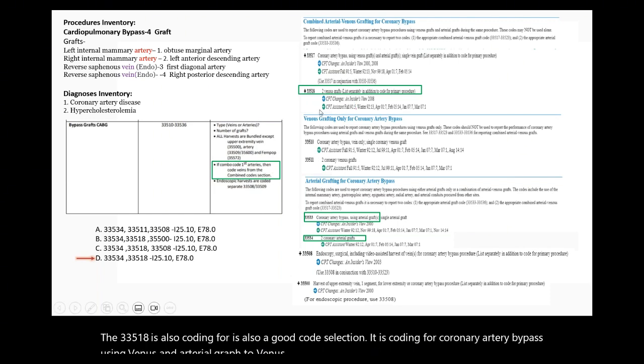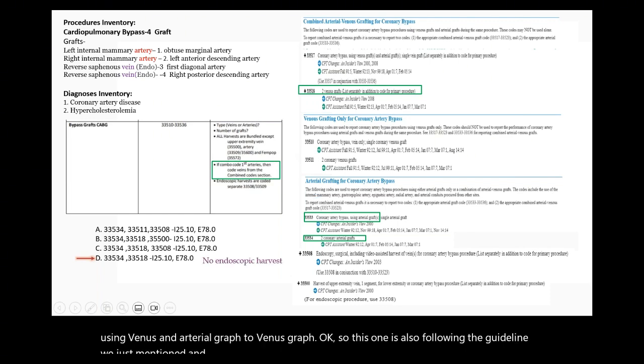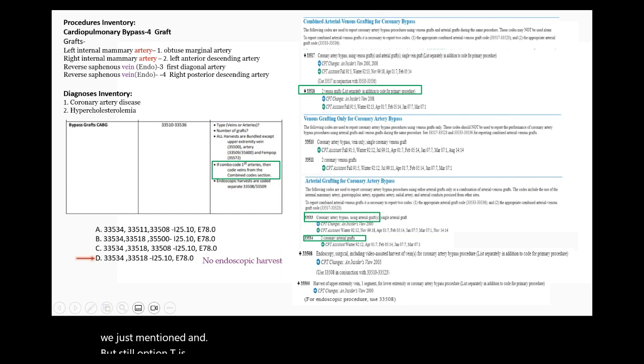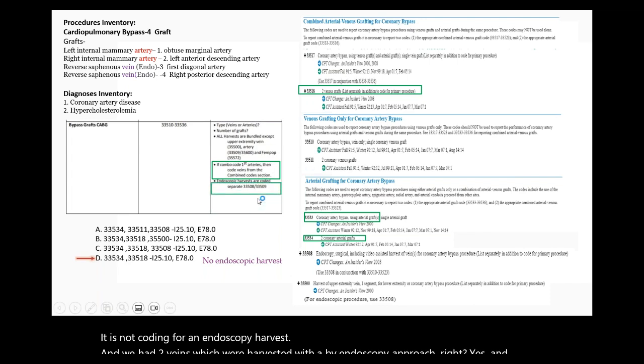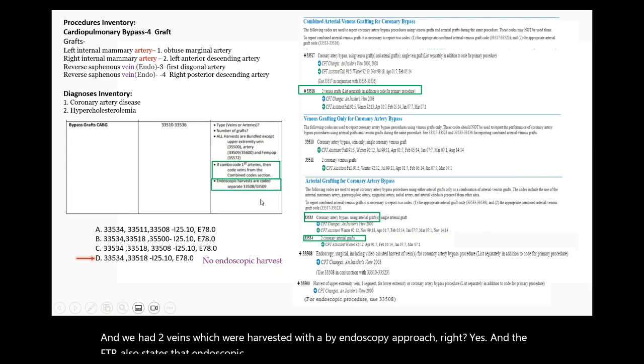So this one is also following the guideline we just mentioned, but still option D is incorrect because it is not coding for an endoscopic harvest, and we had 2 veins which were harvested by endoscopic approach, right? Yes, and the FTR also states that endoscopic harvests are coded separately. So option D is not coding for endoscopic harvest, and that is why option D is incorrect.